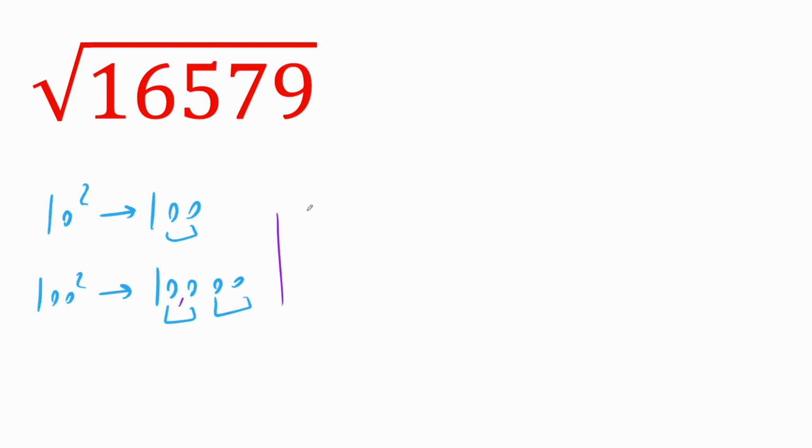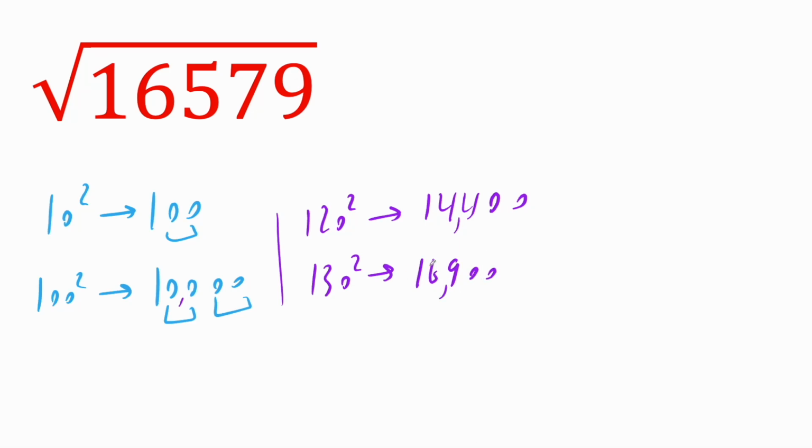So let's kind of think about this. If I did 120 squared, 12 times 12 is 144, and I have 2 zeros. And so I get 14,400, so closer to this. Likewise, if I do 130 squared, I'm going to get 13 times 13 is 169, and then we add our 2 zeros. And so we're going to get 16,900.